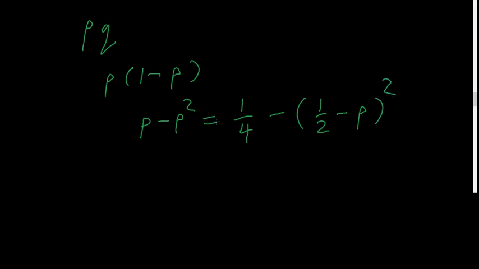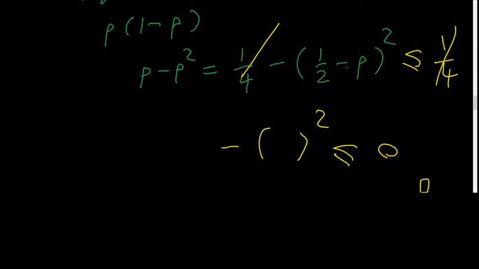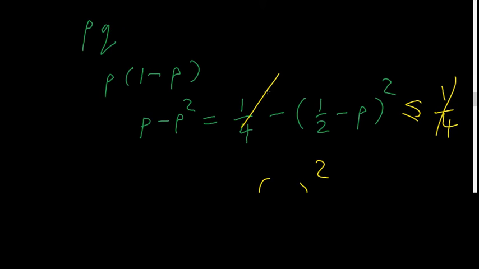Yeah, hopefully we'll all agree. I want to show that that's less than or equal to a quarter. Well, yes it is, because canceling the quarter, I have negative something squared is less than or equal to 0. That's definitely true. So, hence the result.